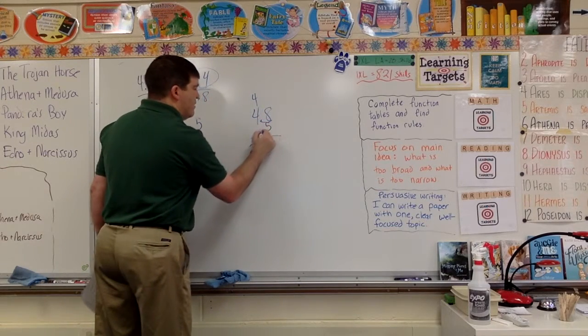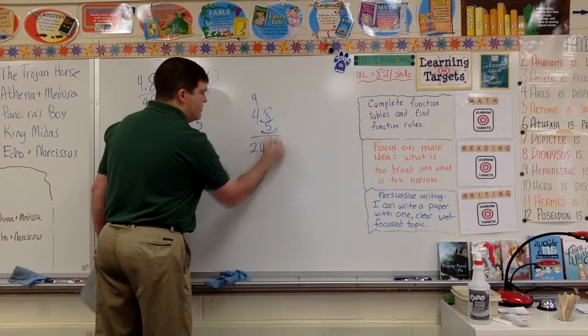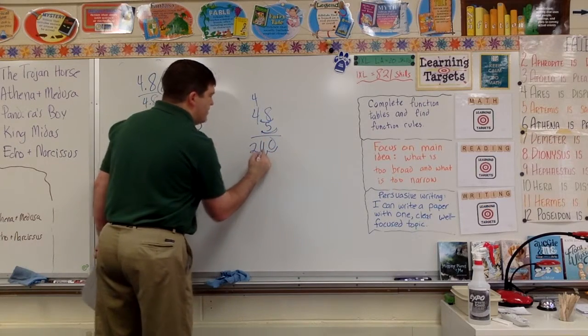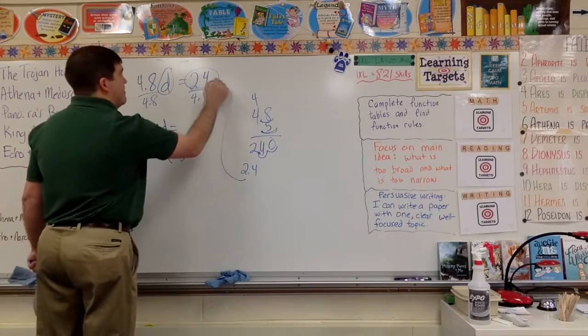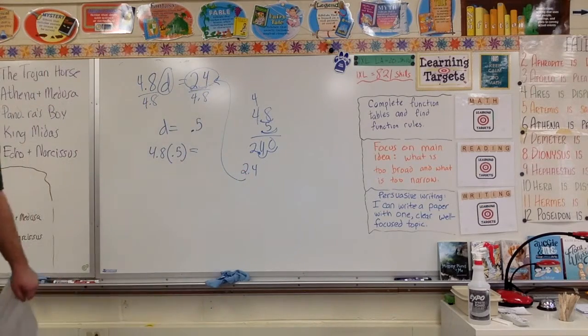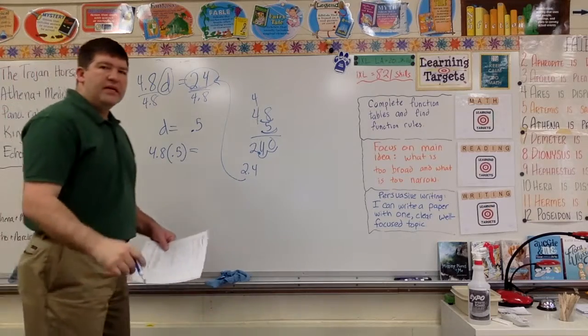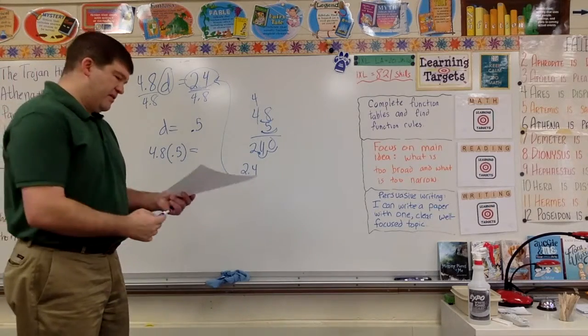And I go out 1, out another one, so there's 1, 2, gets me 2.4, which is what I needed. Okay? I figured it out, and I checked it.